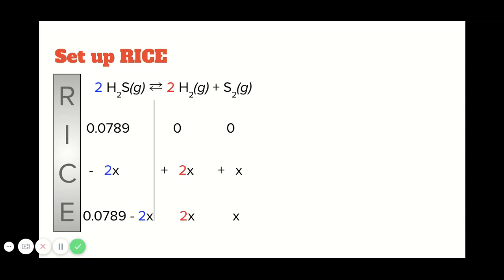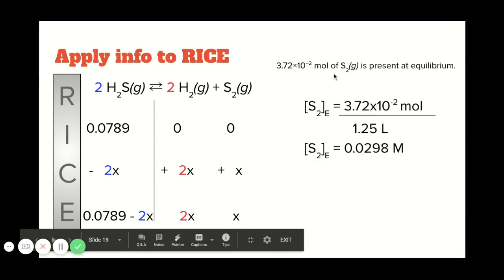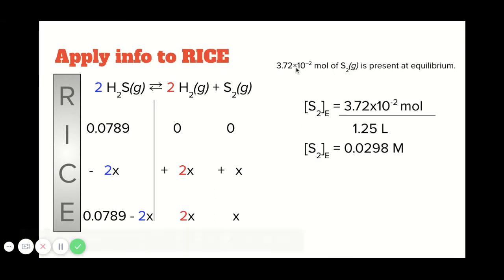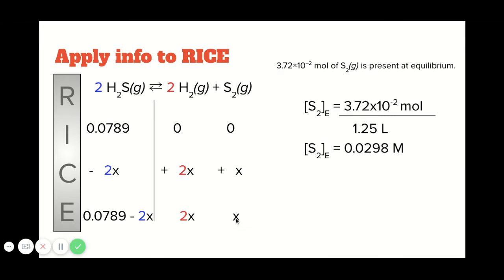Now, there's one more bit of information that I have not included in the RICE table yet, and that is this lovely sentence. 3.72 times 10 to the minus 2 moles of S2 is present at equilibrium. That's a fragment of a sentence. Whatever. Okay, so that clearly relates to X. So X is the concentration of S2 at equilibrium.